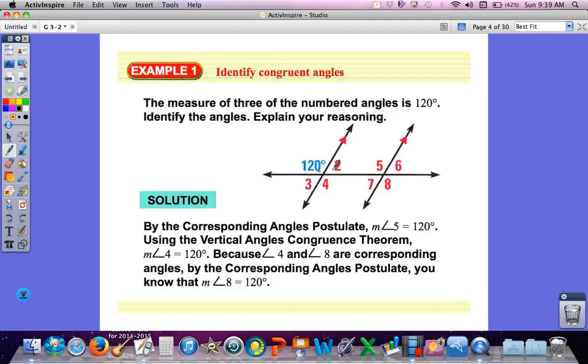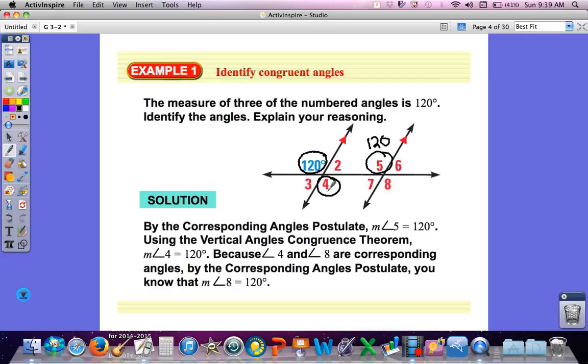So, I knew that angle 4 was equal to 120 because of the vertical angles theorem. I also knew that 5 was 120 because of the corresponding angle postulate.